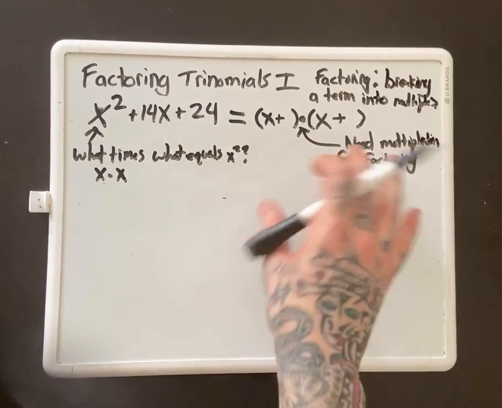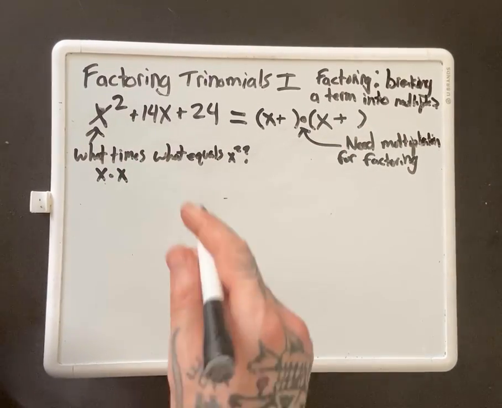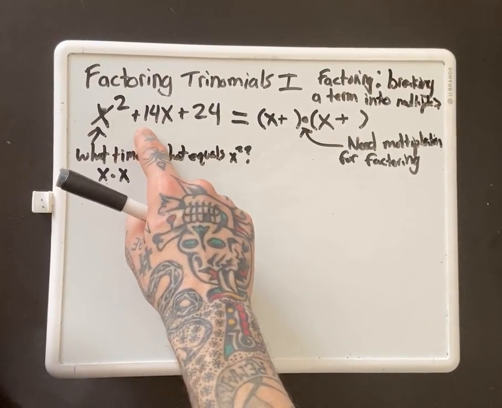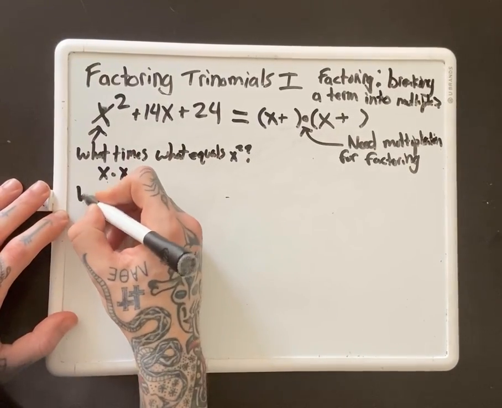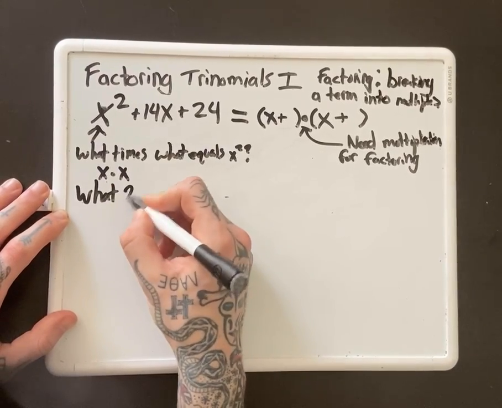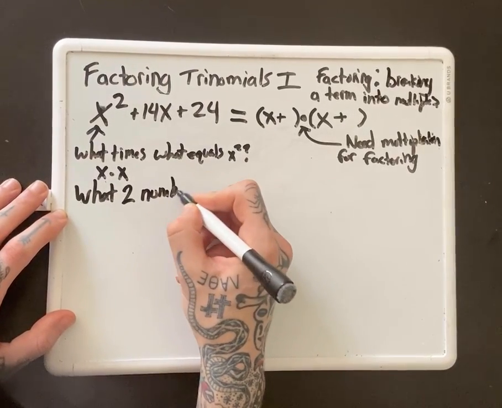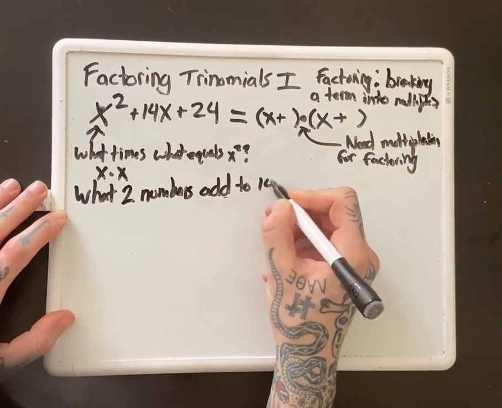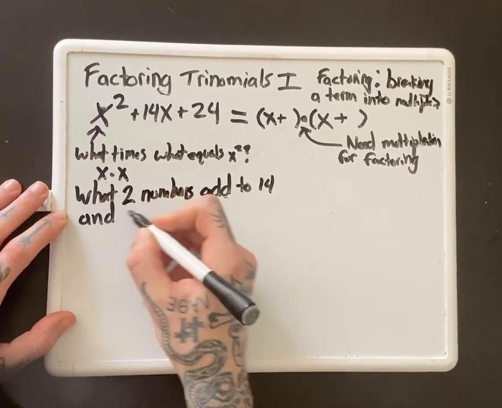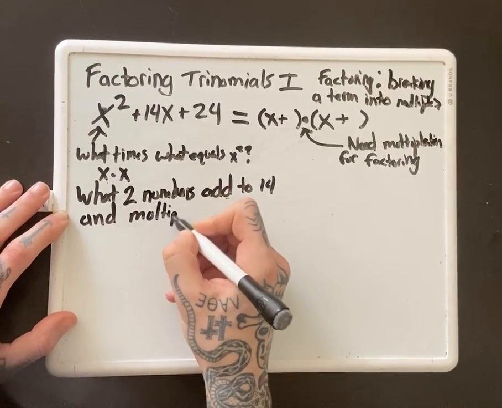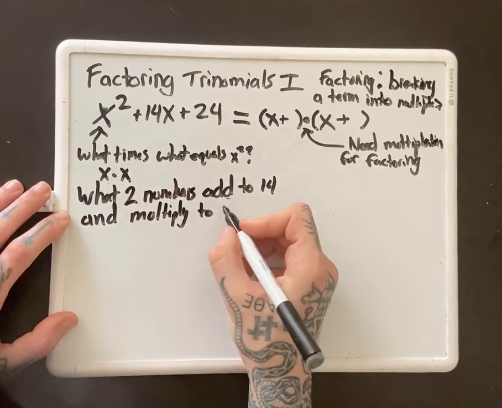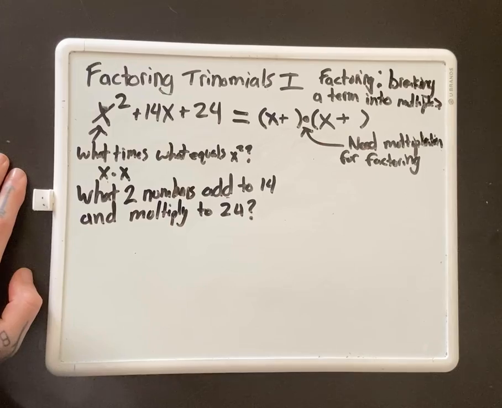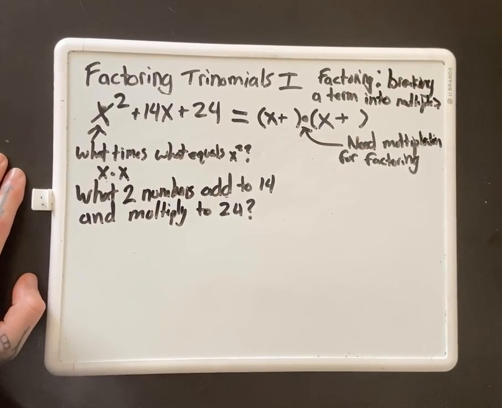That means the pattern would hold if we actually multiplied, so the reverse is possible too. So we have to ask ourselves, what two numbers add to 14 and multiply to 24? Okay? We've seen this question before.